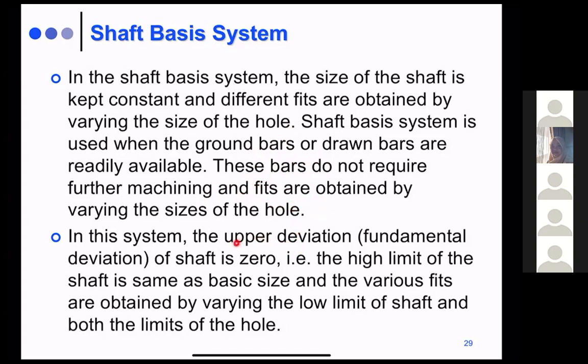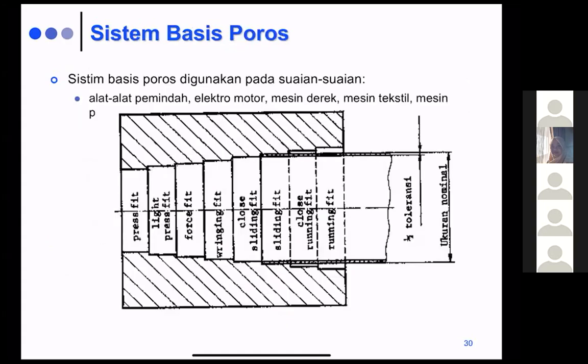Okay, in this system, the upper deviation of the shaft is 0. For example, the high limit of the shaft is the same as the basic size, and the various fits are obtained by varying the low limit of the shaft and both limits of the hole. So here, this is the hole-based system.